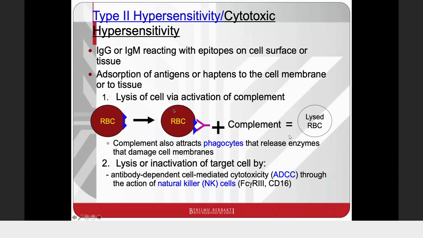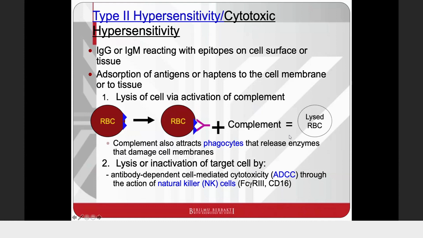Once it absorbs on the cell surface, the body will recognize the RBC as foreign, because it doesn't recognize the component of the penicillin on the cell surface. What happens next is that antibody will be produced against the penicillin component on the RBC. So the complement will be activated and cause the RBCs to be lysed.